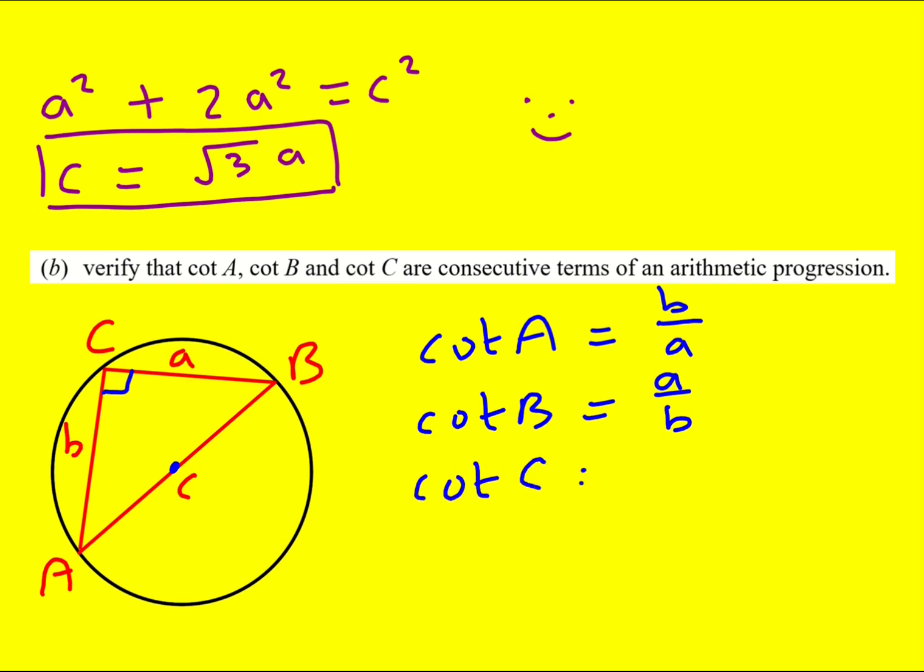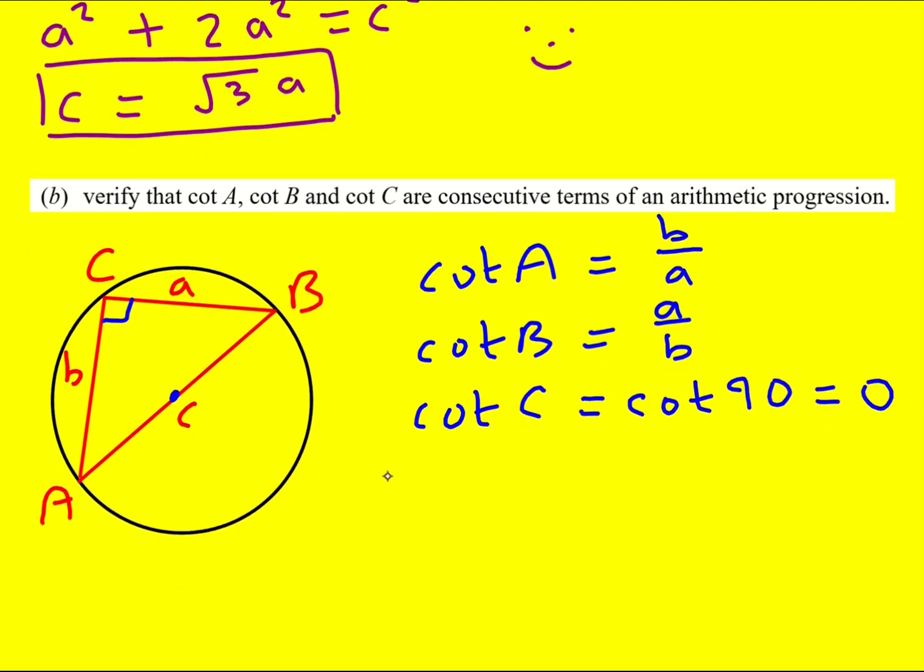And cot C, well, cot C is actually cot 90. C is 90 degrees. Remember, tan is not defined at 90, it goes up to infinity, whereas cot actually is 1 over that, and we get 0. So we just need to bring these together.